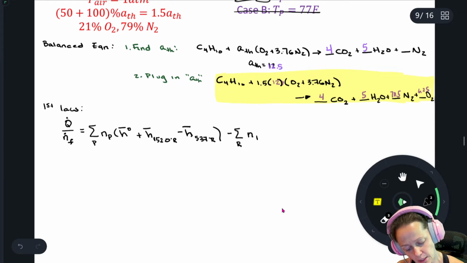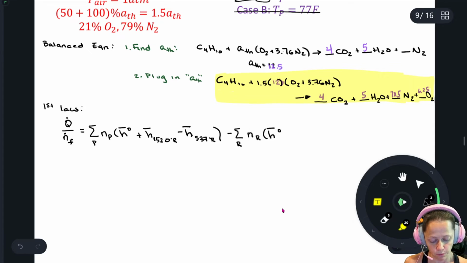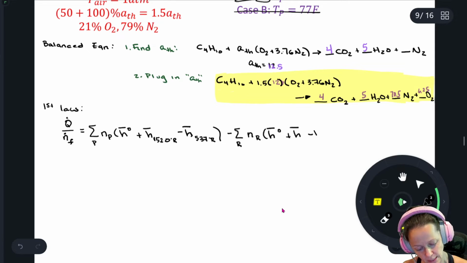But I'll make a note. This is the number of moles of reactant. This is the enthalpy of formation for each of those reactants, plus the enthalpy at whatever temperature those reactants are coming in at. I'll deal with that in a second. Minus the enthalpy at standard reference state. Standard reference state is always the same. It's 537 degrees Rankine.